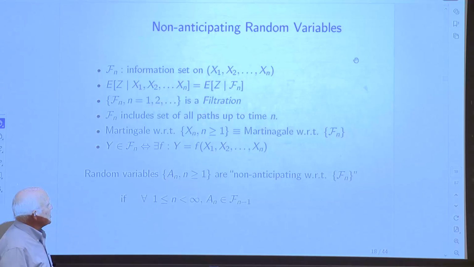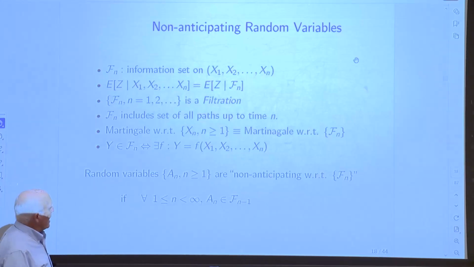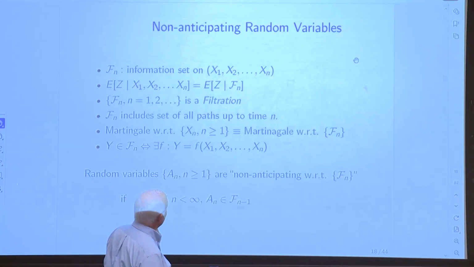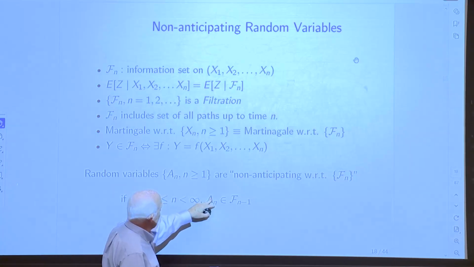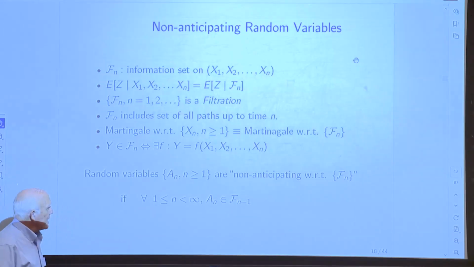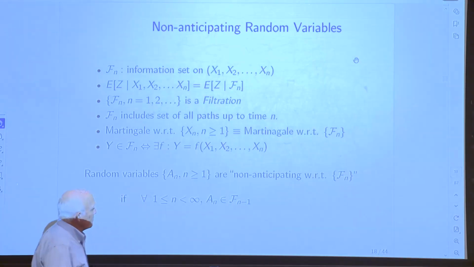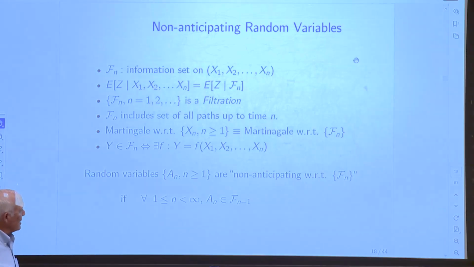It will be very useful to use random variables that are called non-anticipating. A non-anticipating random variable, a_n, is defined by the information set. It's non-random given the information set of the first n minus 1 x's. So if we wanted to represent the outcome of making trading decisions using the first n minus 1 values, this a_n could characterize how we might invest for the nth trading period.